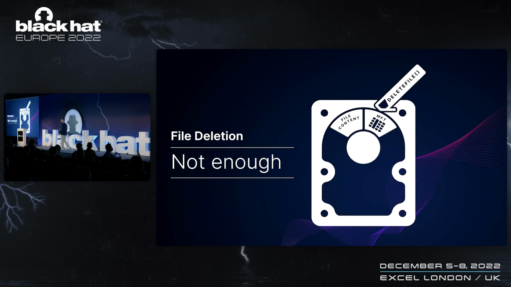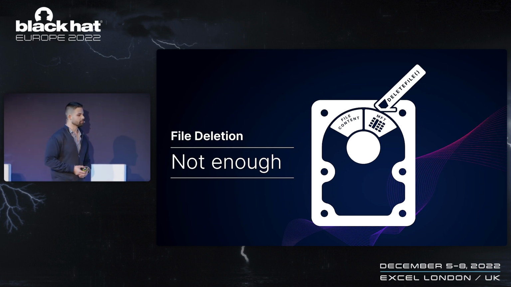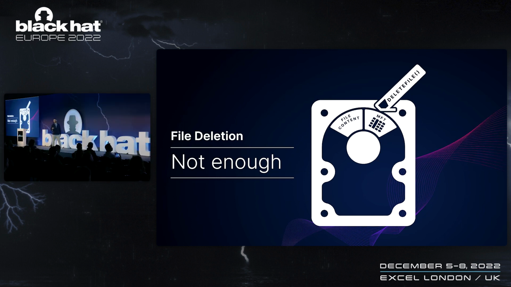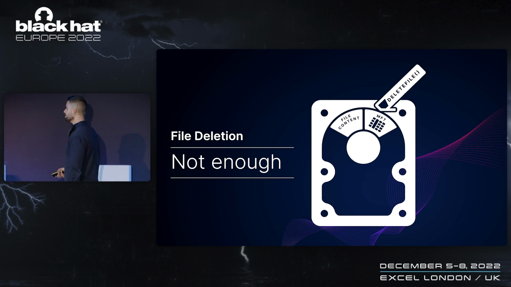I know that many of you, once you hear the word wiper, also think about the word deletion. But there is actually a crucial difference between the two. So let's take a look at the default deletion process in Windows to understand that. Let's say that a certain process calls the DeleteFile API function for a certain file. Then this function asks the kernel to delete that file, and the kernel goes to a certain place called the MFT, which stands for the Master File Table in the NTFS file system.